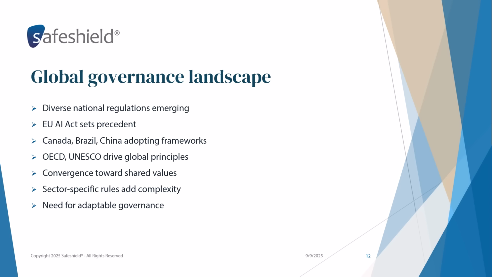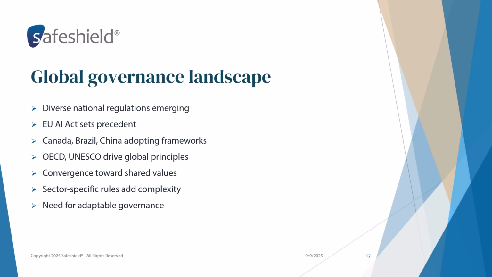For organizations operating internationally, this diversity presents both challenges and opportunities. Compliance requires adapting to multiple jurisdictions, each with its own obligations. The opportunity lies in adopting governance practices that align with global principles, improving efficiency, and building credibility.